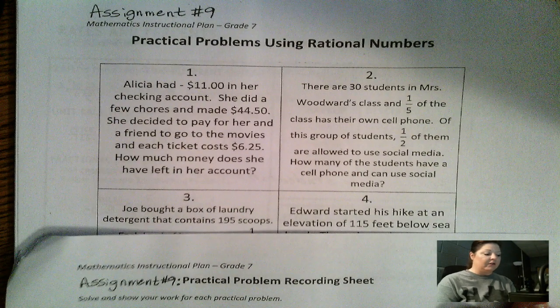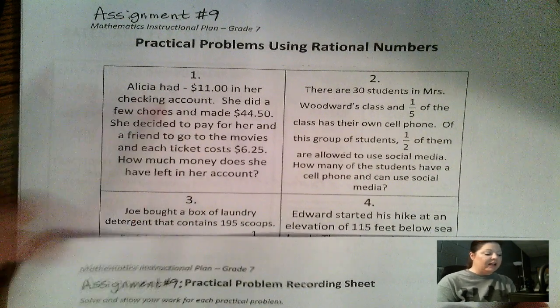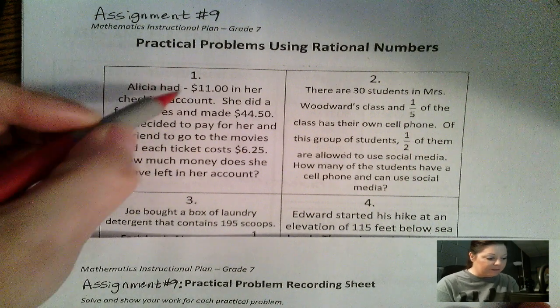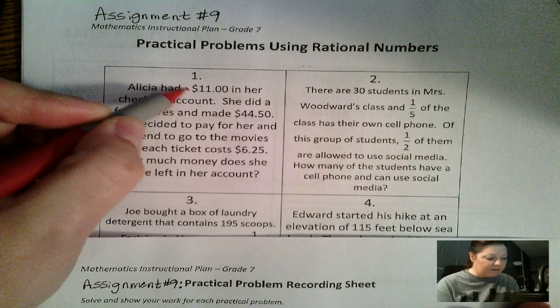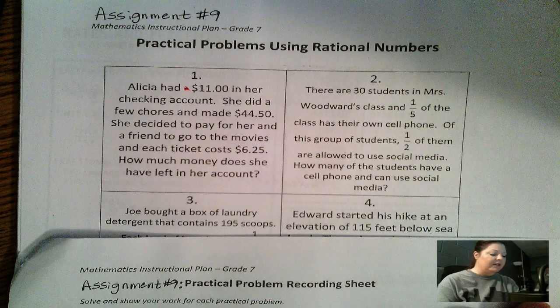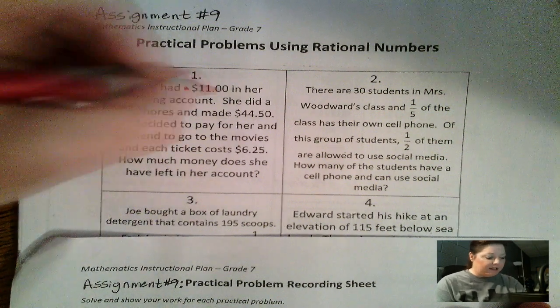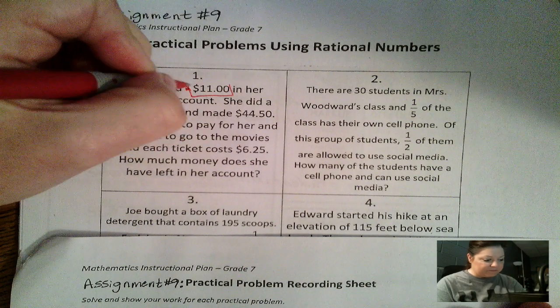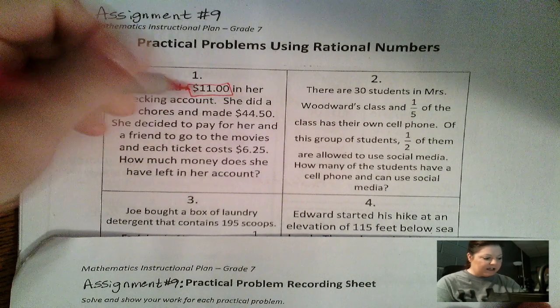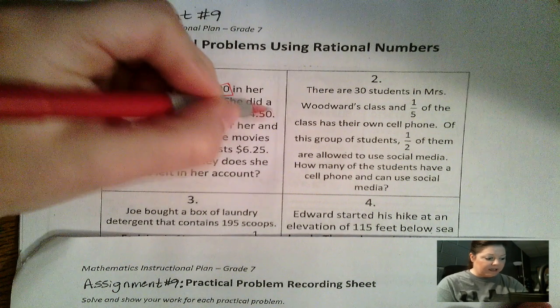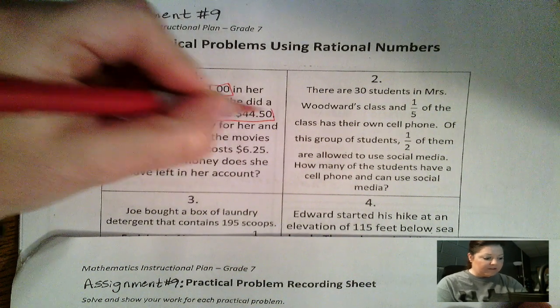Alright, so let's start. It says Alicia had $11 in her checking account, and I think there's a negative here, but I'm not sure if that's supposed to be negative. We're just going to use 11. So Alicia had $11 in her checking account. She did a few chores, which means she earned some money, and made $44.50.